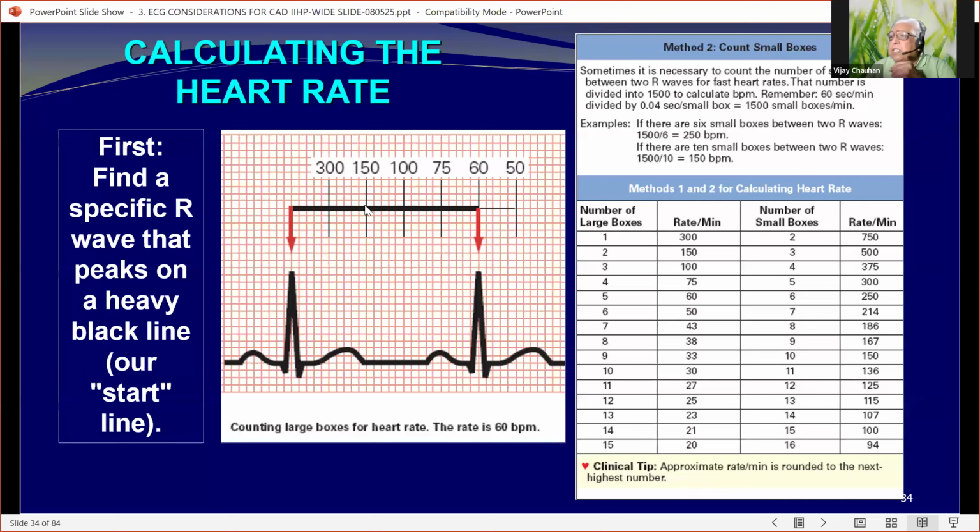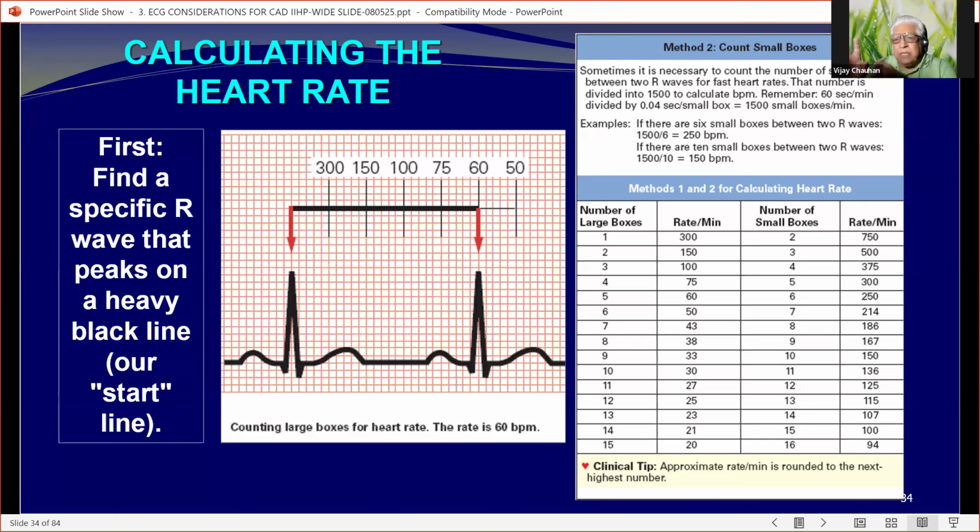If we have only 3 big squares, then heart rate will be 100. If we have only 2 big squares between R waves, then we have 150. And if R wave could have been here, heart rate could have been 300 beats per minute. So this is a very simple way of calculating, and I don't think we have to go for anything beyond that.